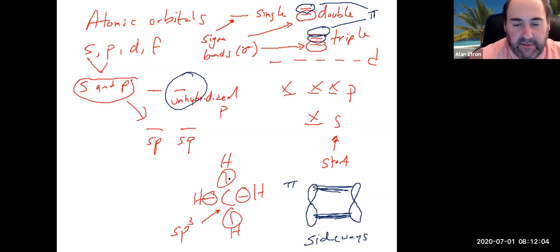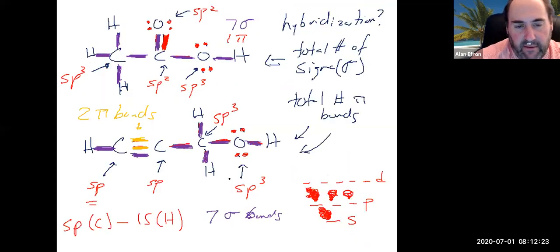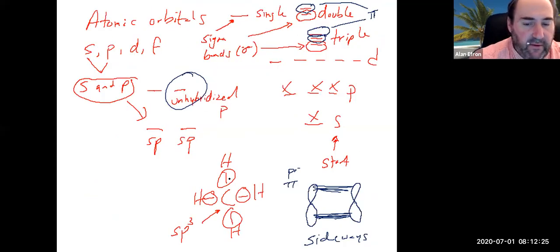So the major difference between a pi bond and a sigma bond is that in a sigma bond, the orbitals come head on to each other and overlap, while sideways overlap between those unhybridized p orbitals is usually what we have for our double and triple bonds.